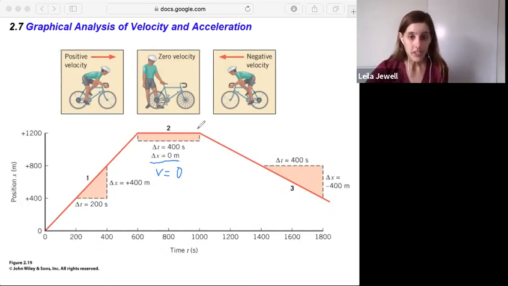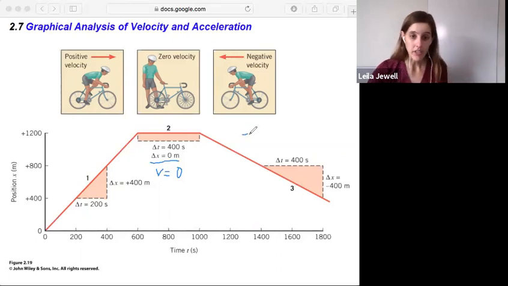Similarly, you could have a line that is angled downward. In this case, the change in x is now negative, in that the position at the end is lower than the position when it started. That tells you that the cyclist is headed in the opposite direction. If initially the cyclist was going to the right, now it's going to the left.